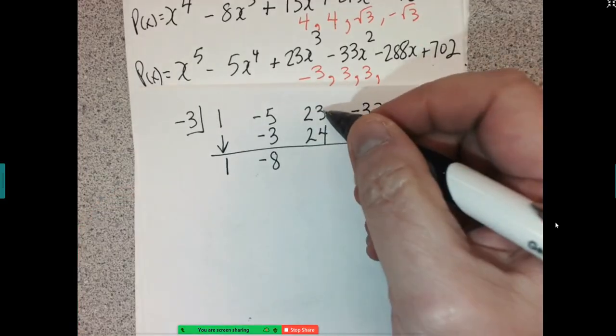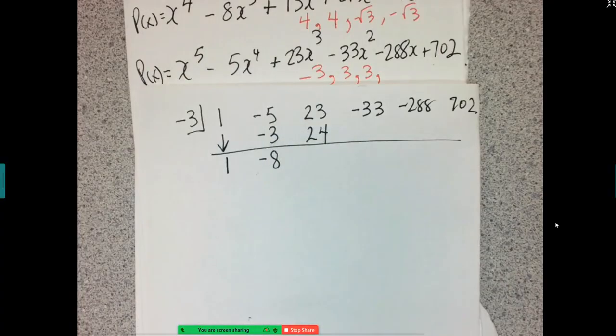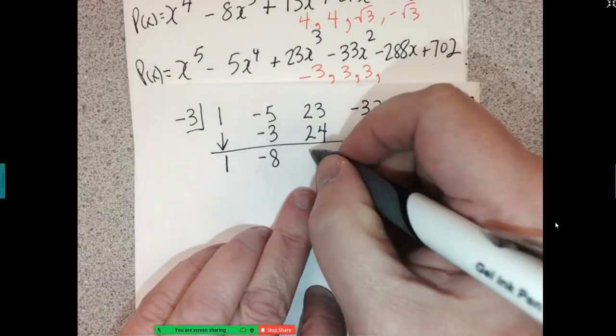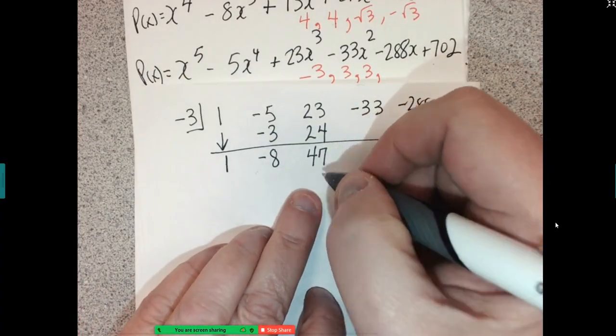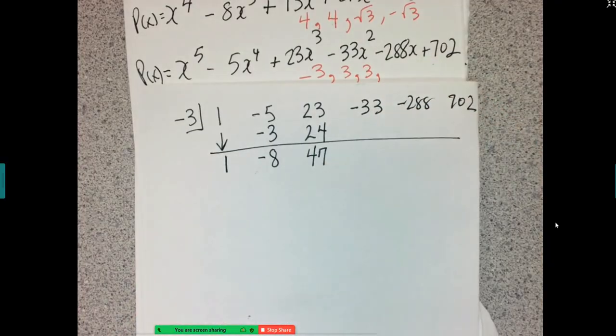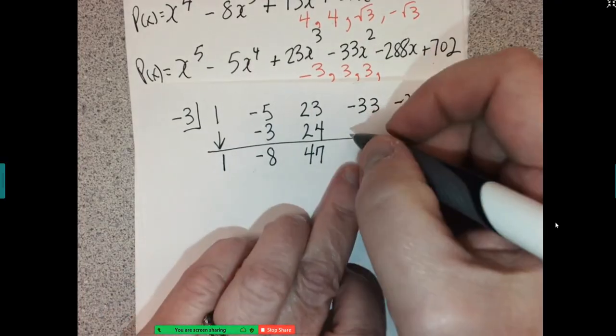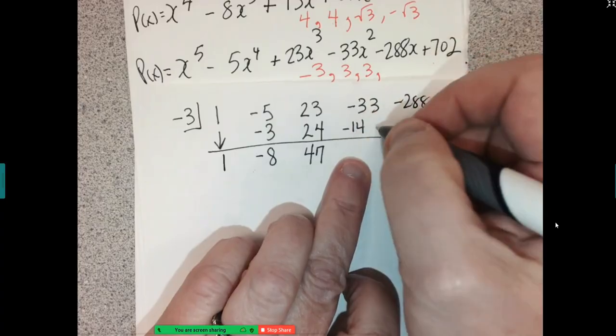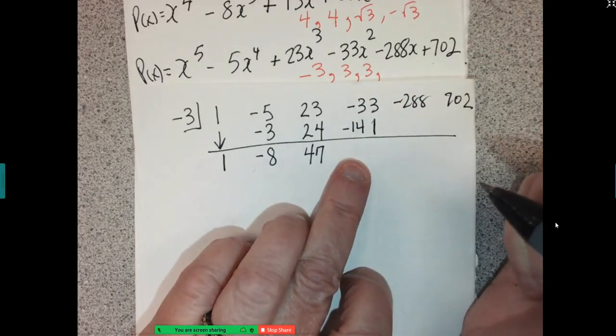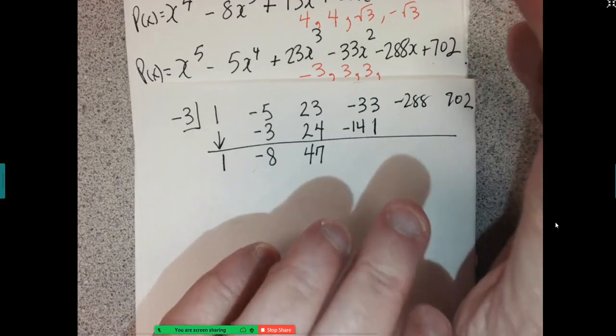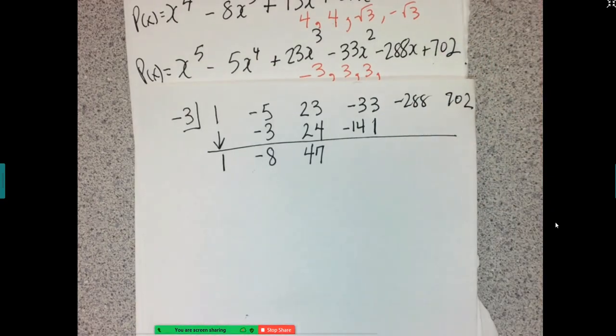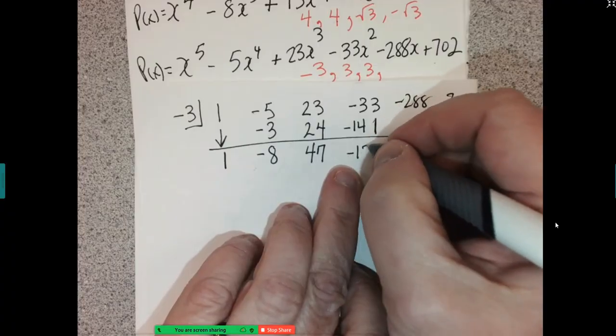And then I add these together, and I should be getting 47. And then I'm going to multiply that by negative 3 and get negative 141. Okay. And then I'm going to add those together, and I'm going to get negative 174.